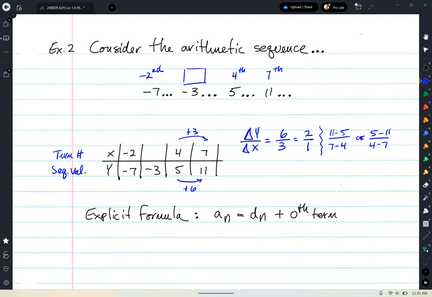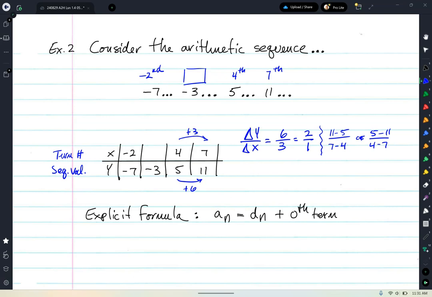Does that work both ways? Why does it work both ways? Because if you get two negatives, a negative divided by a negative still becomes a positive, so it's still a positive variation of that line.